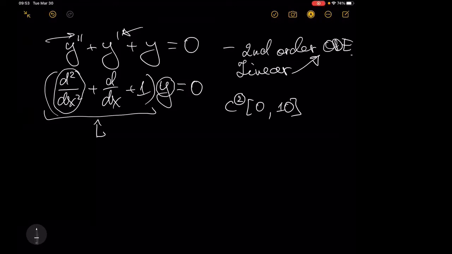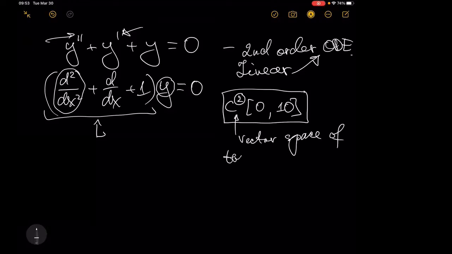You can easily show that this is a vector space, the vector space of twice continuously differentiable functions on the interval from 0 to 10.